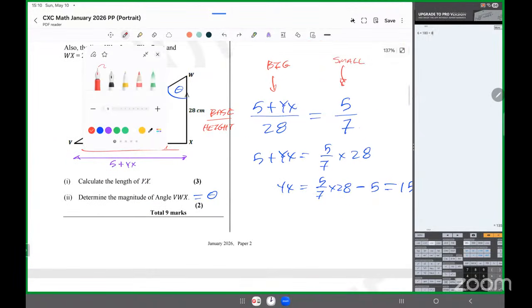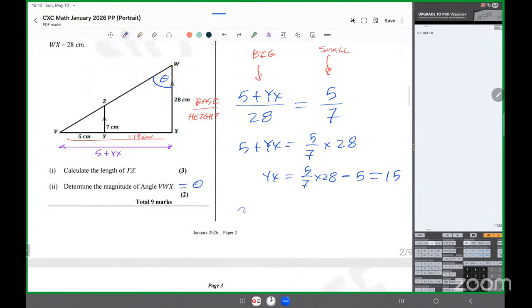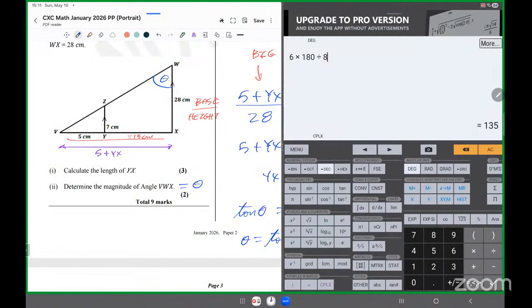So down here, we're just going to say tan theta, calling the angle theta, equals the opposite side of 20 over the adjacent side of 28. Theta then is tan to the minus 1 of 20 over 28. You put that in the calculator and work it out.